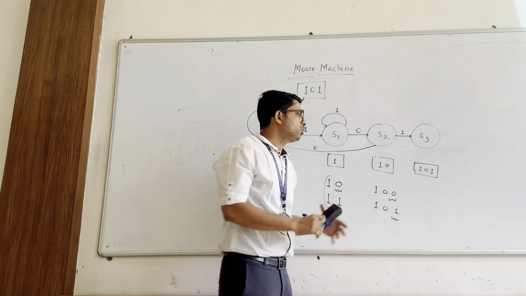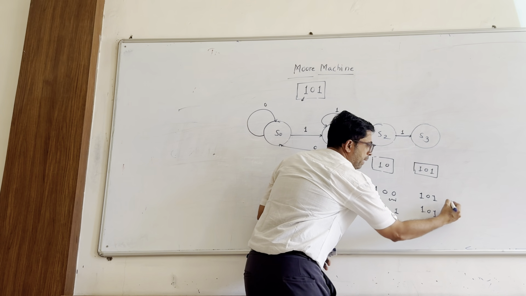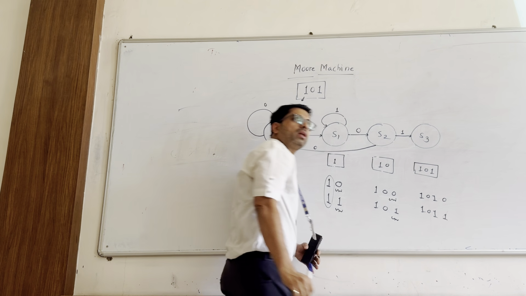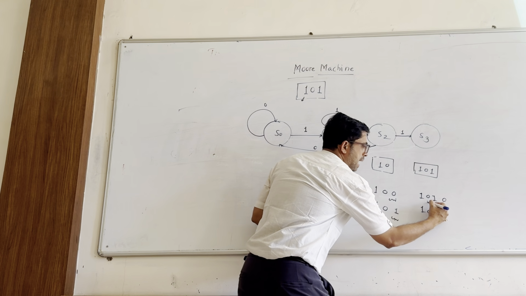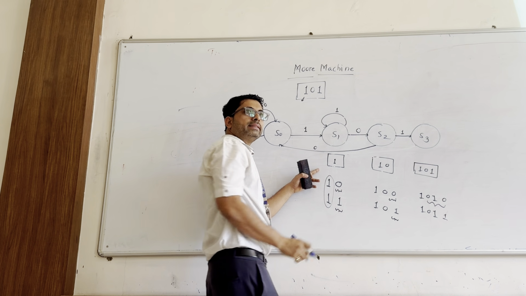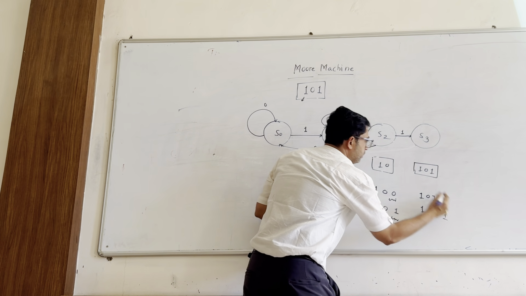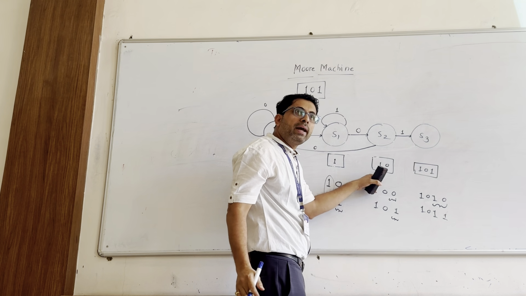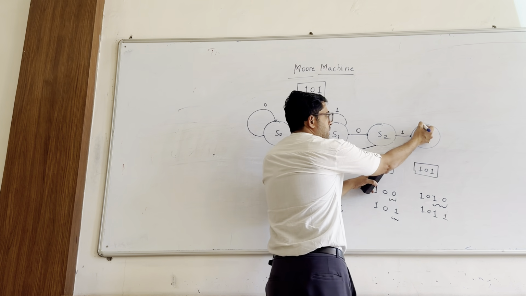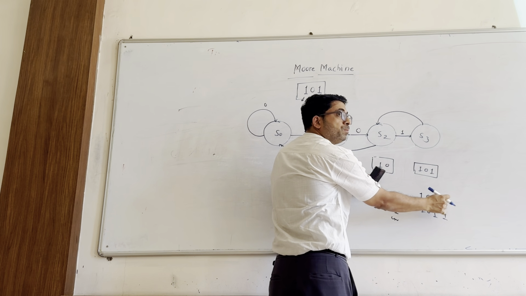Yes, 1 0 1. So what I did here is write 1 0 1, and here what will come? 0, otherwise what will come? 1. So you need to check the last 3 digits. 0 1 0 is here, 0 1 0 is here, 1 0 is here, 1 0 is here. So from S3 to S2 a connection will come, but for which input?